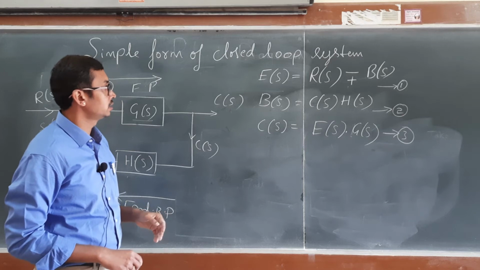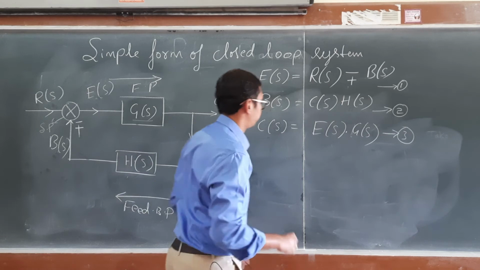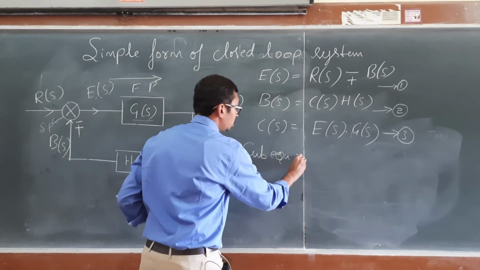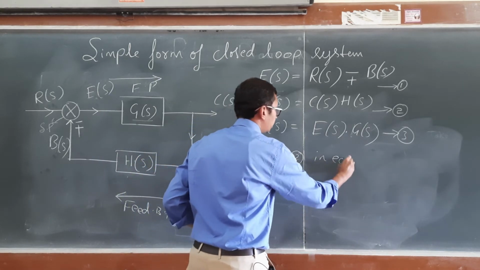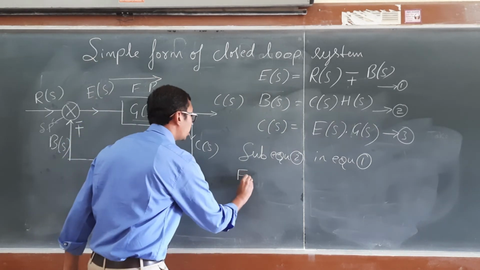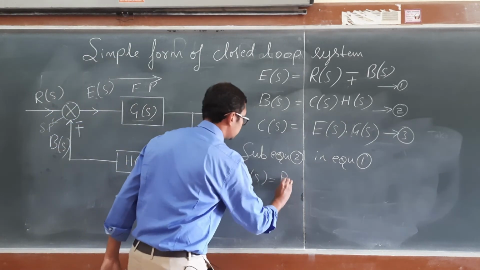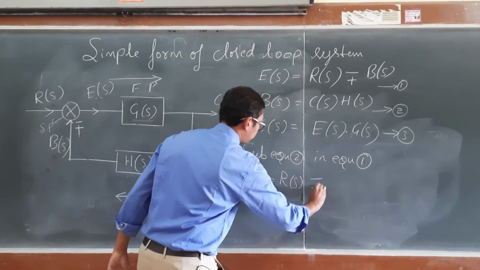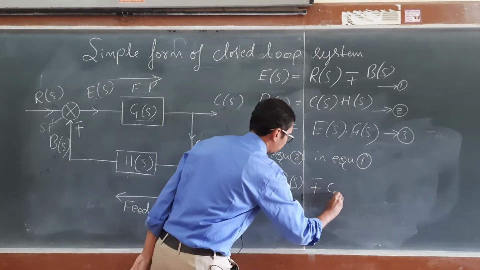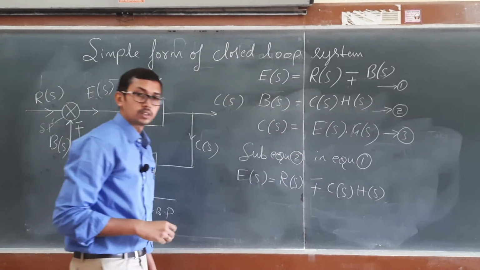Now we are going to substitute B of S is equal to C of S into H of S. So substitute equation 2 in equation number 1. Then E of S will be equal to R of S minus R plus C of S into H of S. Got this one?